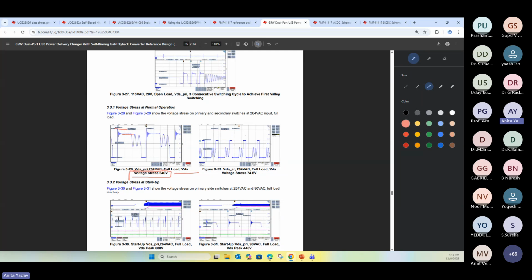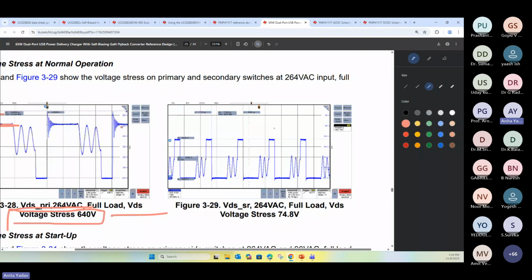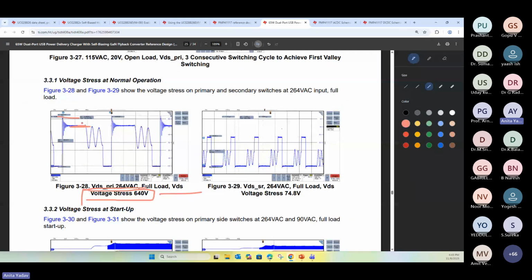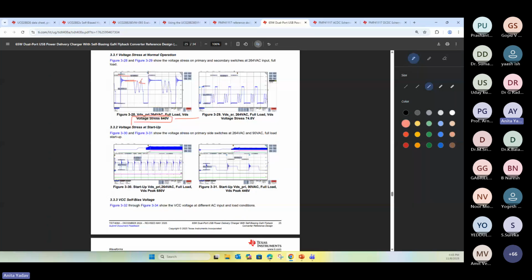On this side we can see 502 volt. Max voltage is 502, recommended to have less than 560 volt, and here the max voltage is 640. So it's in the safe operating range.